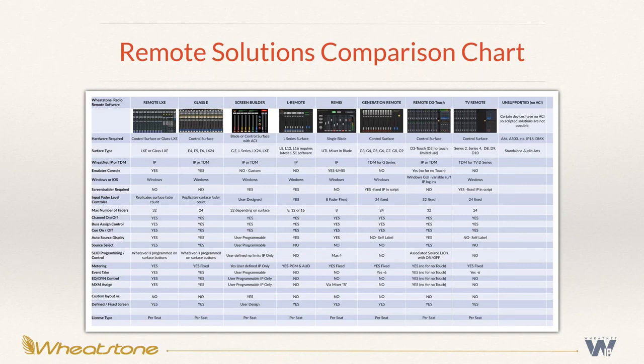The G series, the legacy E series on the TDM side of things, some of our other television-based consoles like the Series 2, the Series 4, the D8, those are either TDM based or TDM IP hybrid based, and we do have remote control apps for those that you can set up on a gateway type computer or from home to run those surfaces as well.